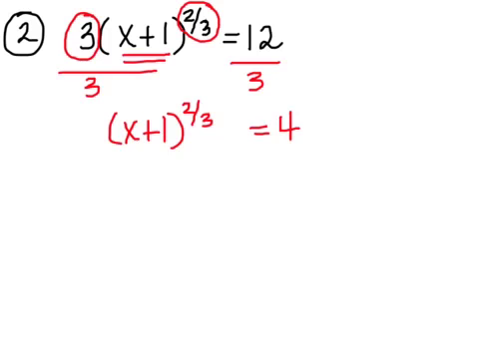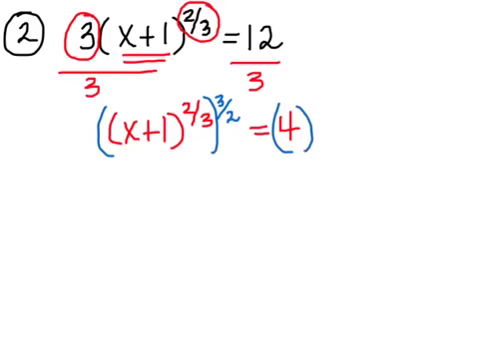So the trick to getting rid of the 2/3 is to do something that would cause the multiplication of 2/3 and something else to give you a power of 1. Because if we can get a power of 1, then we can just drop it off. And so what you do is you just take the whole side to the power that represents the reciprocal of the one that was already there.